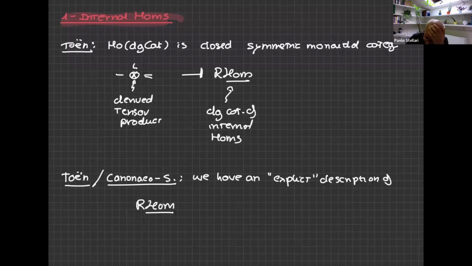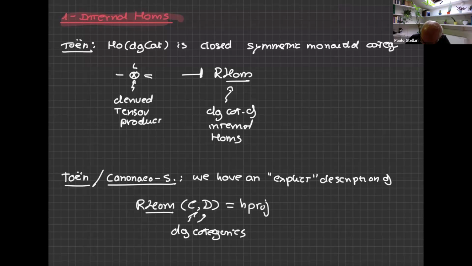So in other words, if you want to compute a RHom between C and D, where C and D are DG categories, then this is nothing but given by h-projective bimodules. Now I hope that the op goes in the correct direction.